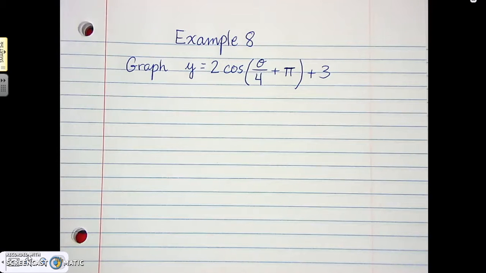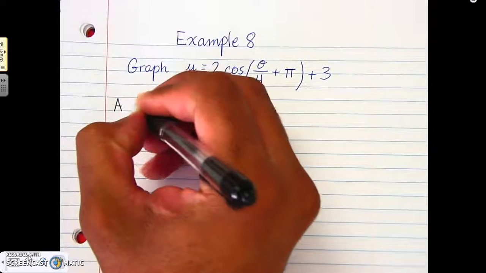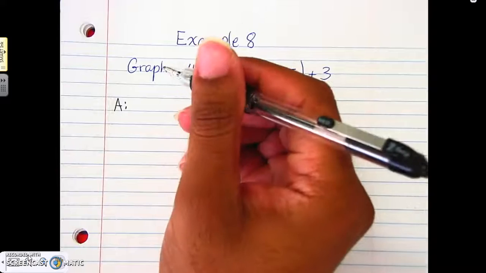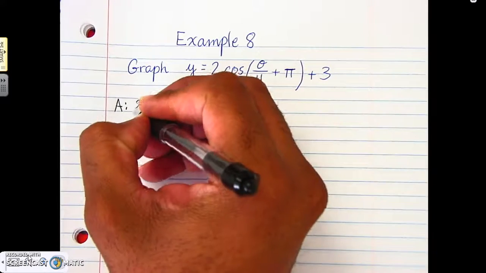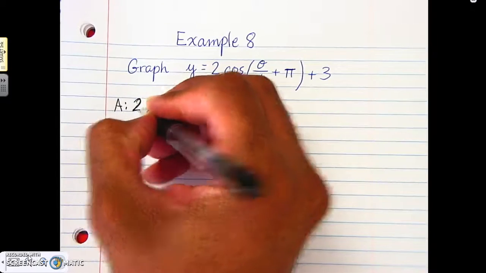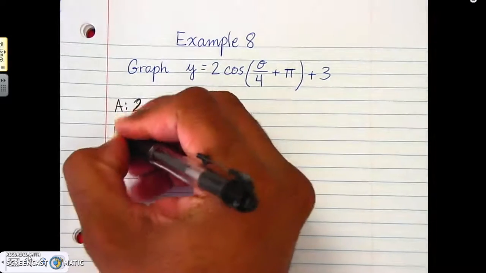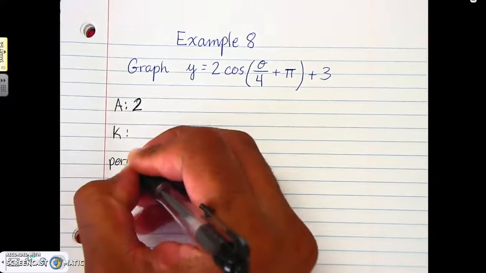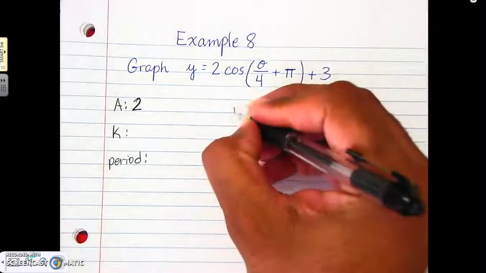I'm so excited. So here, let's start off with the amplitude, A. So our amplitude here, we know is this first number in front. That's 2. All right, and let me go and put this other stuff down too. So we need to find what our K is, then the period, then our new tick marks.